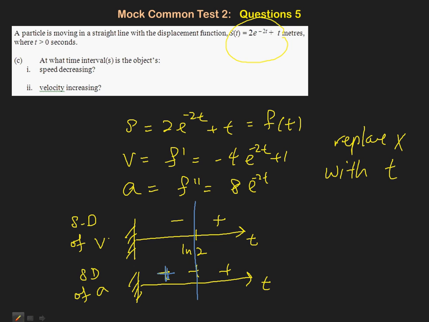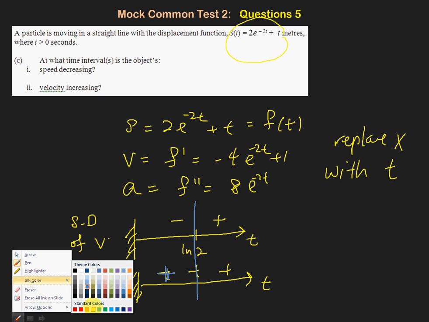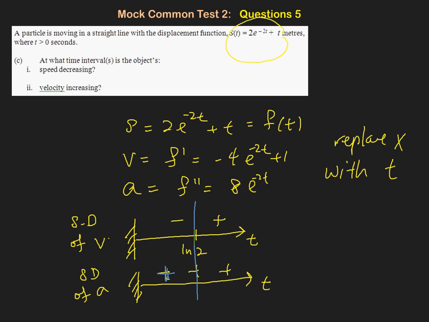Now with different signs, we conclude that the speed is decreasing when you have different signs, when t is between ln 2 and 0.